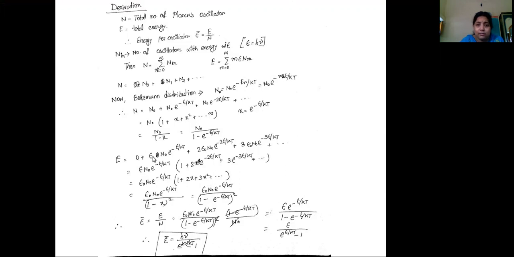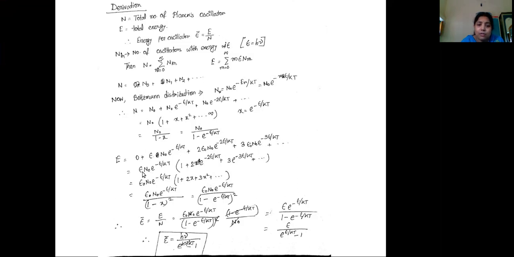The second term is for m equal to 1. So m will be 1, epsilon will be epsilon, and nm will be n1, which is given by n0 e to the power minus 1 epsilon by kT. For the next term, m will be 2, so it will be 2 epsilon n0 e to the power minus 2 epsilon by kT, and so on.